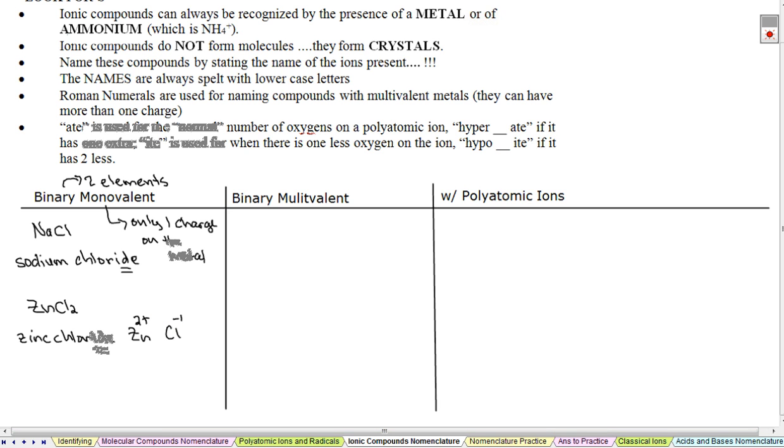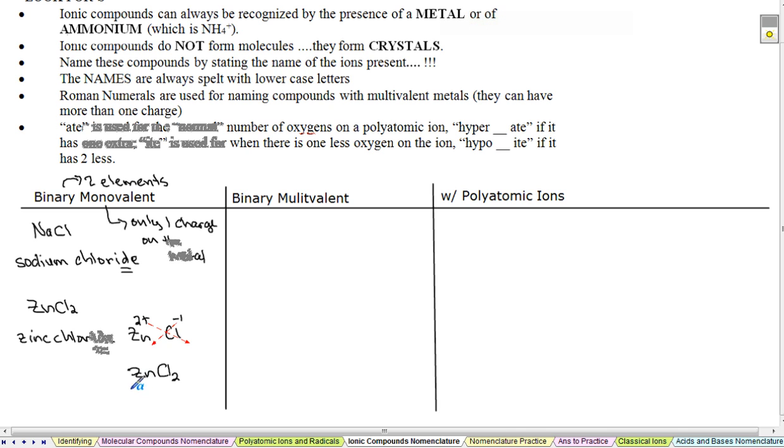Well, I can cross my charges over. And when I cross my charges, I don't worry about the signs anymore. So my zinc would take a 1 charge, so we don't bother writing it in. But the chlorine would take the 2. And so, when that 2 comes down, that tells me that I need 2 chlorines to satisfy zinc.